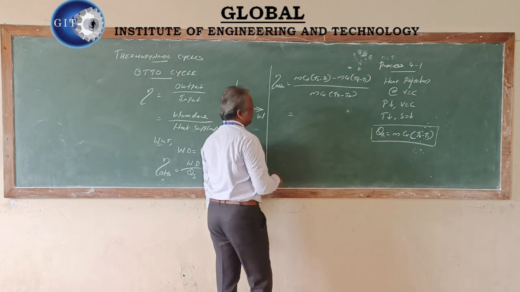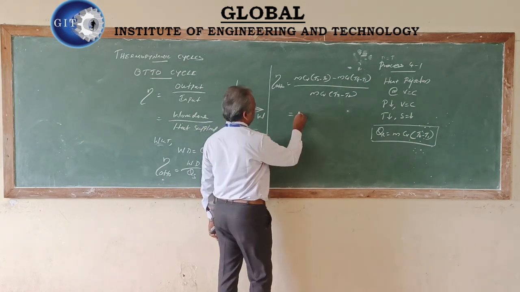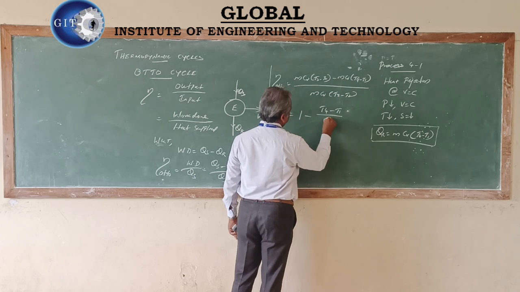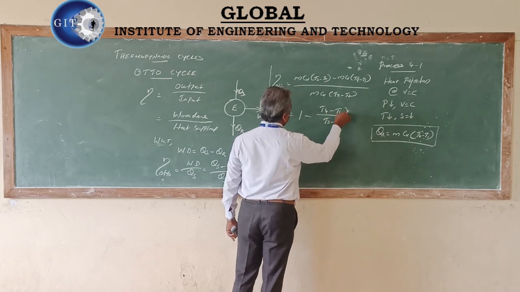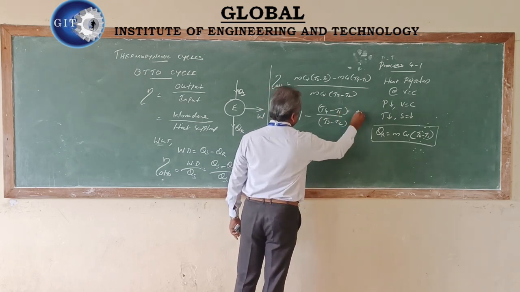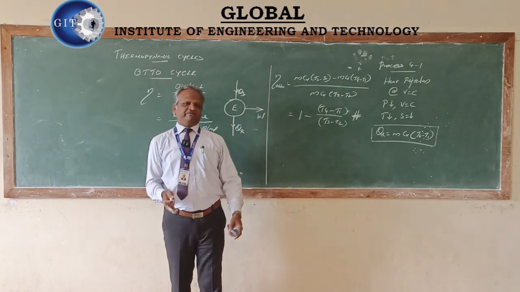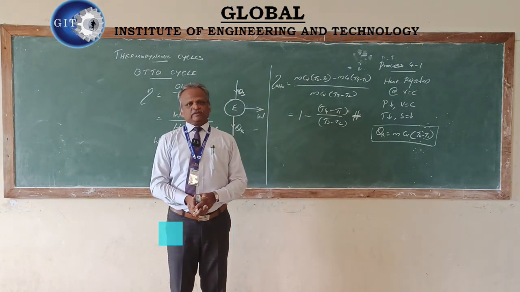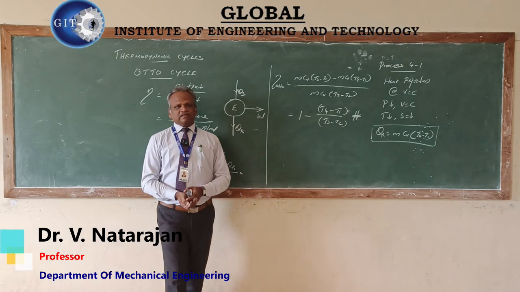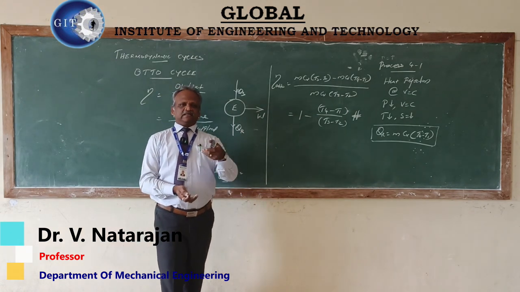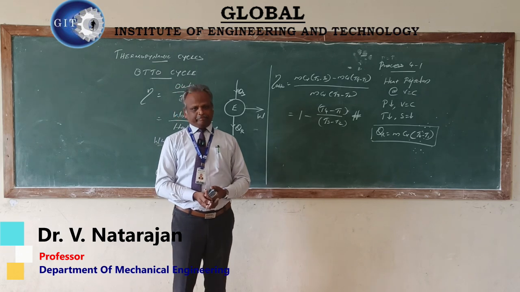While simplifying this, we get 1 minus (T4 minus T1) divided by (T3 minus T2). This is the efficiency of the Otto cycle in terms of temperatures. So as of now, these are the detailed conditions of the Otto cycle, under the topic of air standard cycles. Thank you.